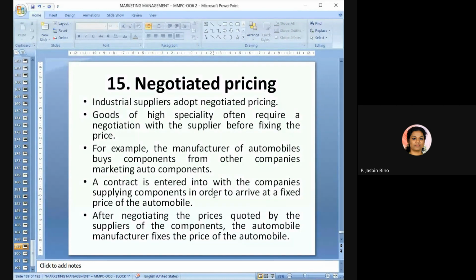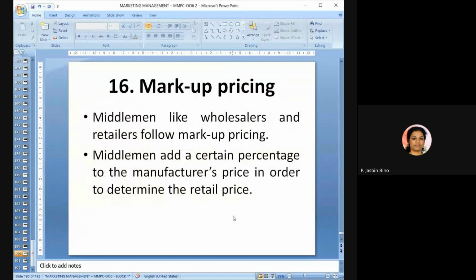They'll negotiate the price with the other companies, and they'll be entering into a contract. Based on that contract, the components will be supplied to the company, and the price will be quoted based on the negotiation. Then markup pricing, middlemen like wholesalers and retailers follow this markup pricing. So a middleman can add a certain percentage to the manufacturer's price in order to determine the retail price.